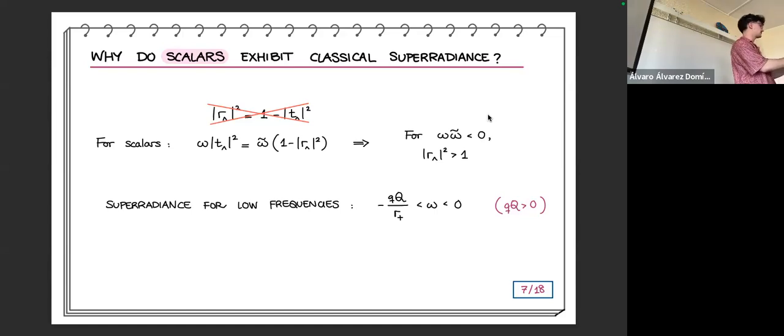And for the area theorem, you need that the weak energy condition applies. So for scalars, everything is okay. For fermions, what happens is that the weak energy condition doesn't hold anymore, and then the area theorem does not apply, and then it's not direct that you have superradiance. Actually, you can prove that you do not have classical superradiance. Okay? It's another way to see it.